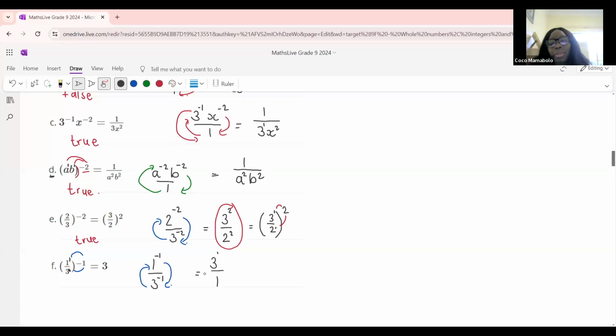But as a matter of fact, 1 to the power of anything is just 1. So it won't really make a difference whether we write the power or not. And we also know that 3 to the power of 1 is just the same thing as 3. So 3 divided by 1 is going to give us 3. And that's the final answer. So this one over here, also true.